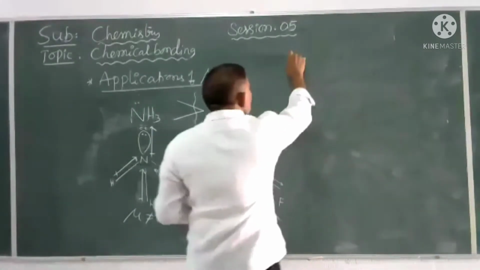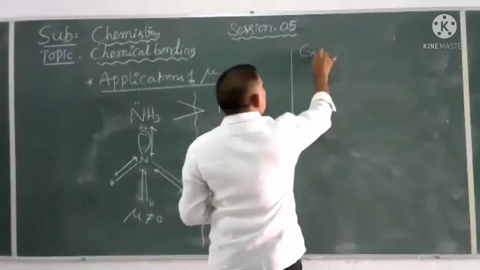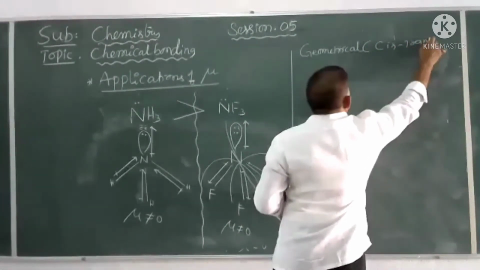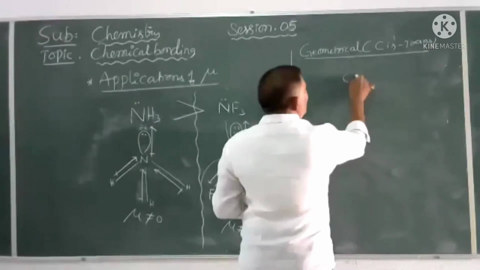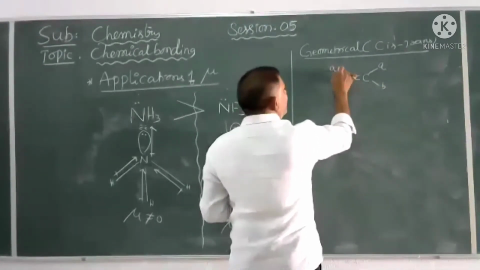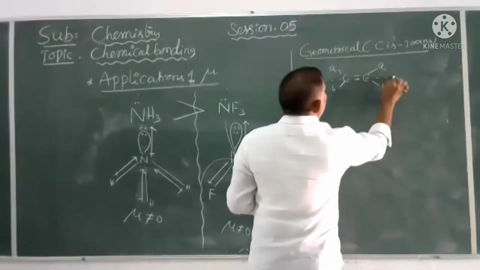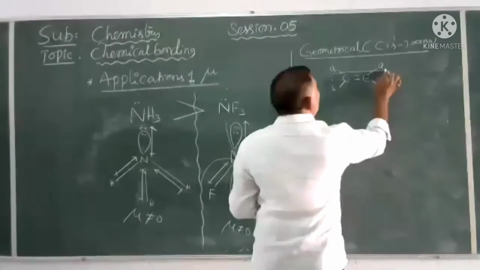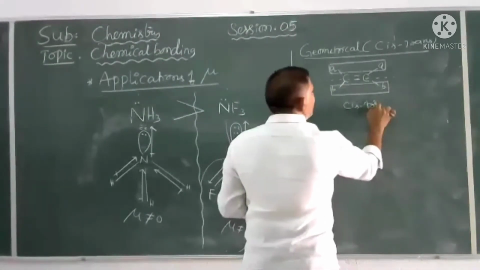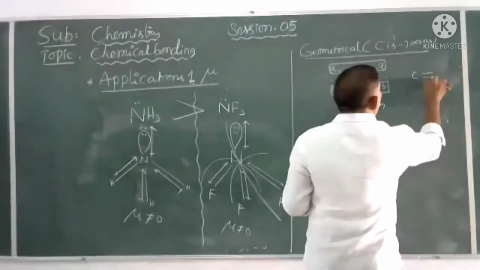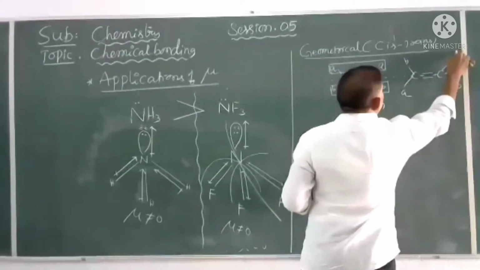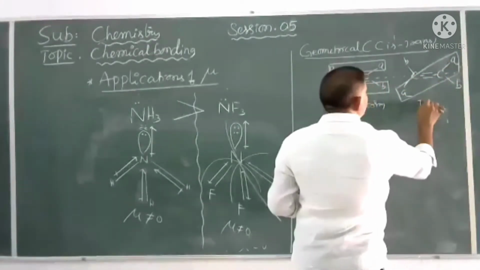In organic chemistry, in geometrical isomerism, also called cis-trans isomerism, there exists a carbon-carbon double bond, and each double-bonded carbon atom should contain 2 different groups of atoms, like A and B. If the same groups are above the plane or below the plane, that is called the cis form. If they are different, in opposite directions, A above and A below the plane, that is called the trans form.